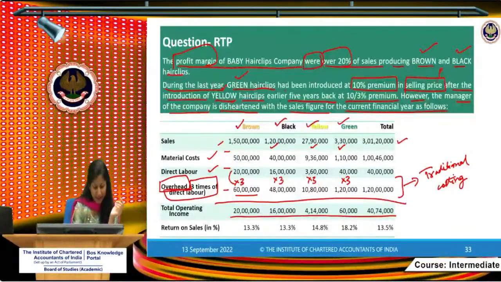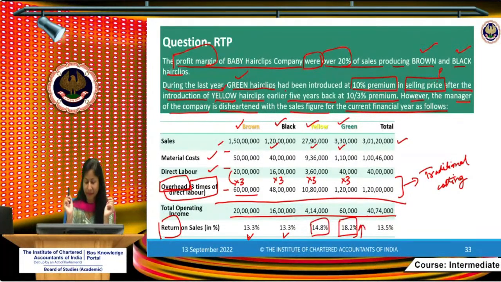Then you have the return on sales. Here you can see the major difference. The return for brown is 13.3%, black also is 13.3%, for yellow it is 14.8%, and for green it is 18.2%. This is the highest return.